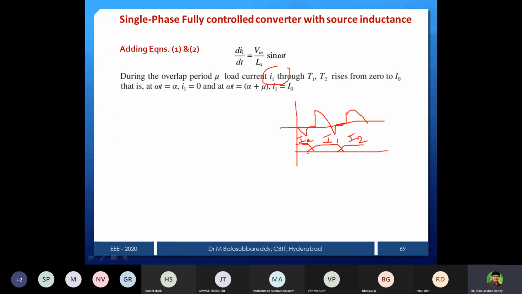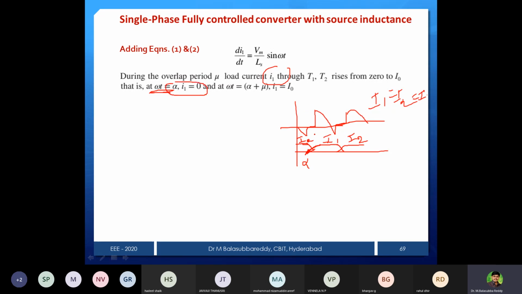I1 current rises from 0 and reaches I0. Here at that particular instant, it will be I0. At omega t equal to alpha, what is the I1 current? It is 0. We start at 0 and then gradually rise. So I1 is equal to 0.